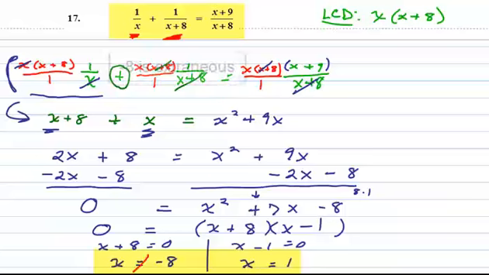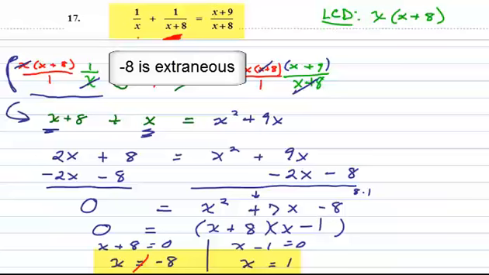So x cannot equal negative 8. What about 1? If we put 1 in this first denominator, we would not get 0. If we put 1 in this second denominator, again, we do not get 0. And same with this third one. So 1 is acceptable. So the only solution here is 1.